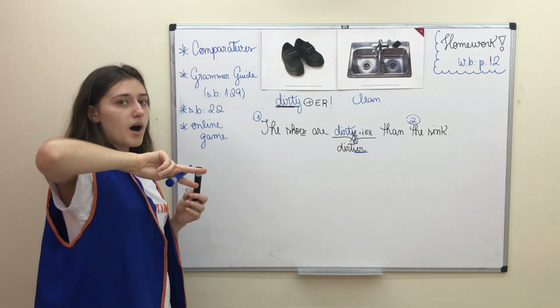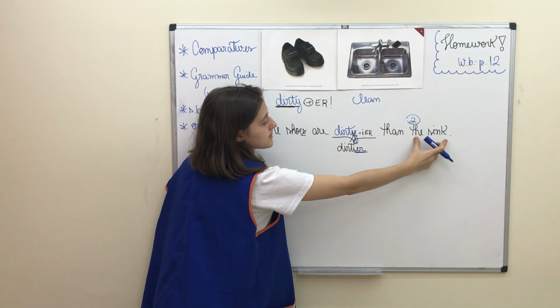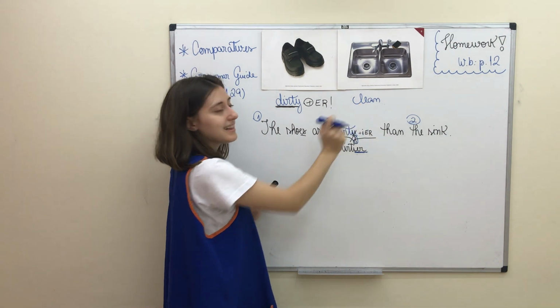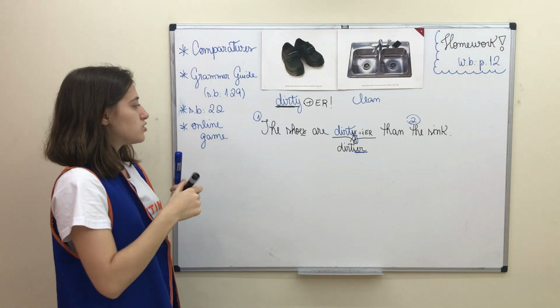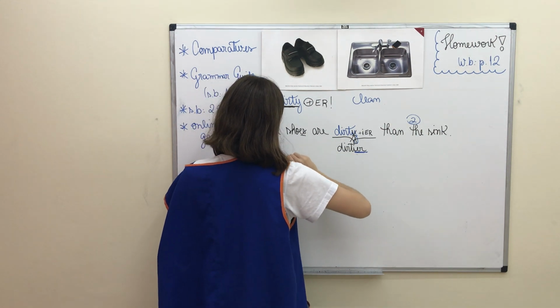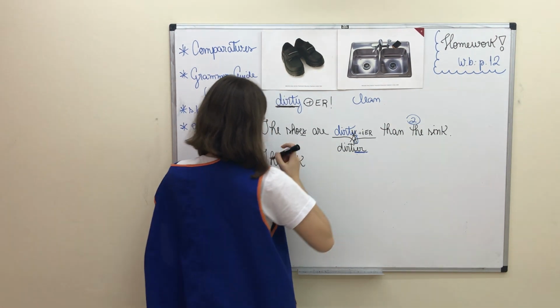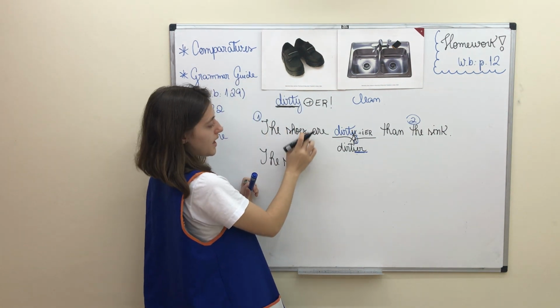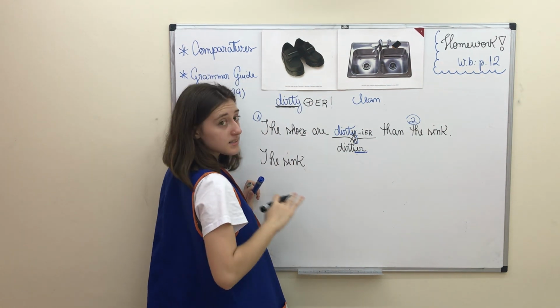Now I want to do the opposite. I want to start with the sink, end with the shoes, and use the word clean. So the sink is, because shoes é plural, but sink is singular.